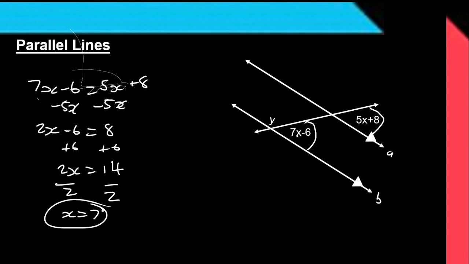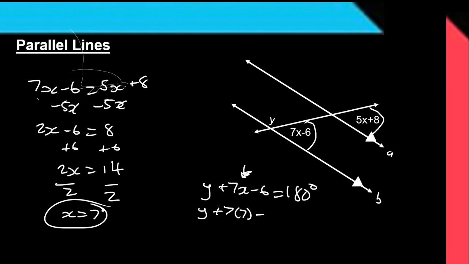So now that I know that x equals 7, I can use this to help me work out what y is. Because I know that the y and 7x minus 6 are adjacent to each other, and they form a straight line. So y plus 7x minus 6 equals 180 degrees. And now I know what x is, so I can substitute that in.